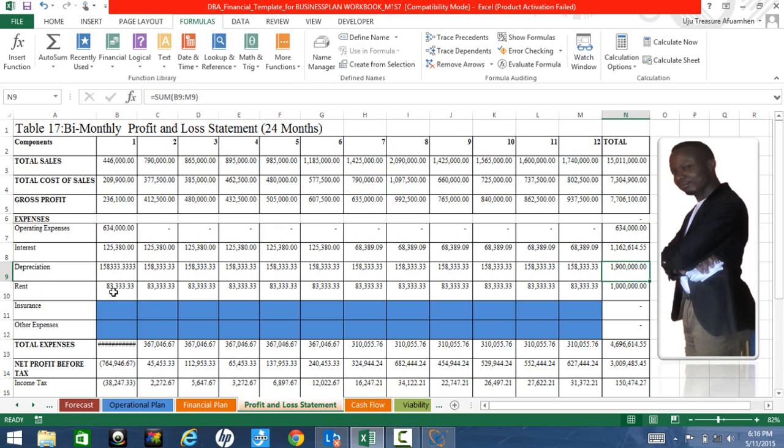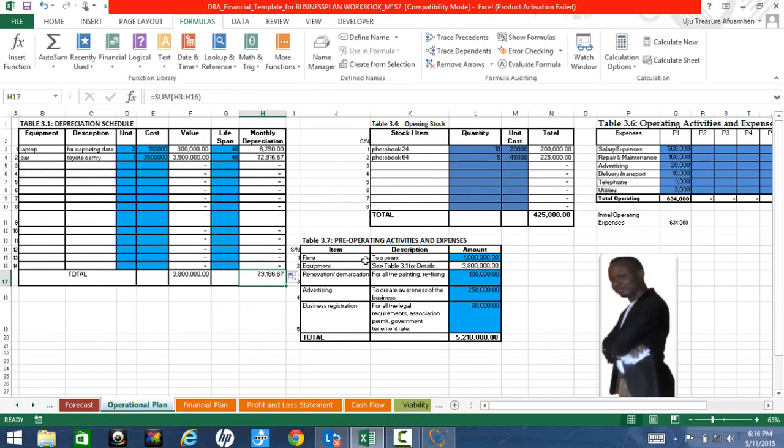Now for the rent. What we have there, remember, is bi-monthly. If what we have there is for 2 years, if you go back, where is it? Operational plan. You see the rent, we said 1 million for 2 years.